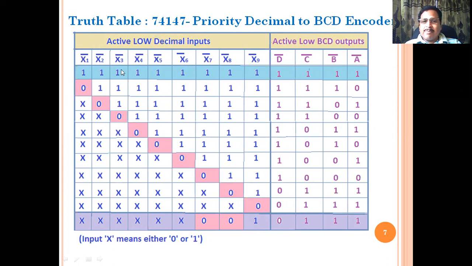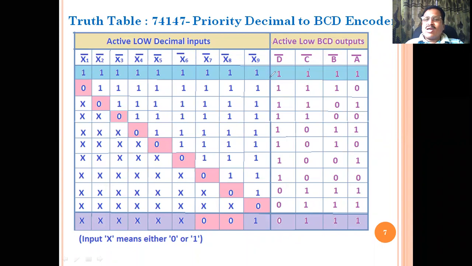So whenever an input comes at 0, at that instant, the corresponding BCD will be produced at the output. Again, BCD comes with inversion such as D bar, C bar, B bar and A bar, because on the output also you find the bubbles in the pin diagram of IC 74147. Let's see now, as we have discussed the working already, how this IC works as an encoder. Suppose, for example, first you apply the input as this one.